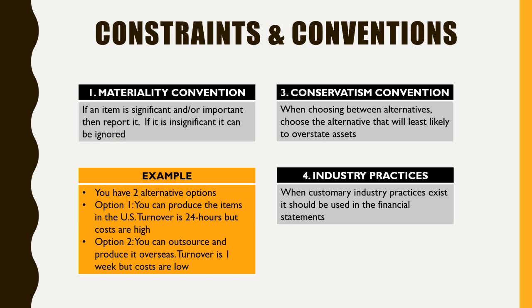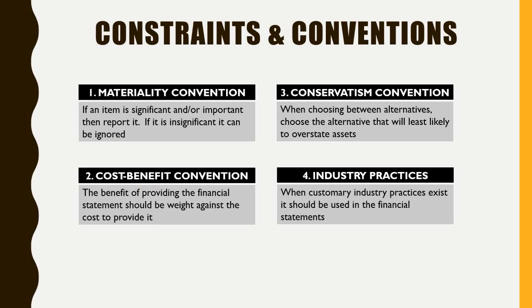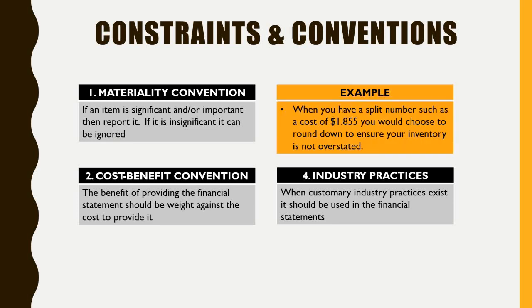And number three, this is where they are linked to each other, it's going to be the conservatism convention. Okay? This is where out of the alternatives, which one is going to least likely overstate your assets? So again, out of the alternatives, which cost benefit is going to least likely overstate your assets? So what does that mean? Well, in this example, I did a different example.